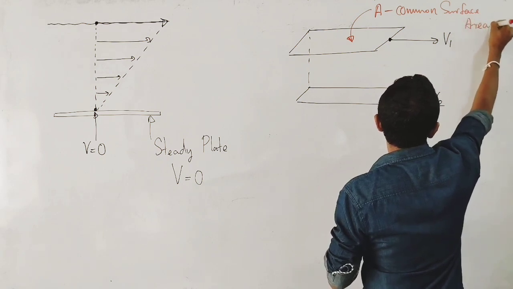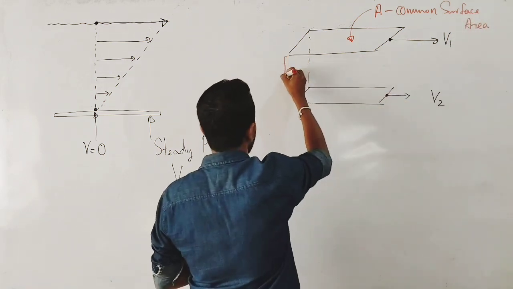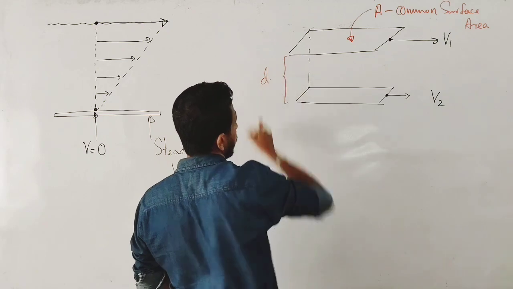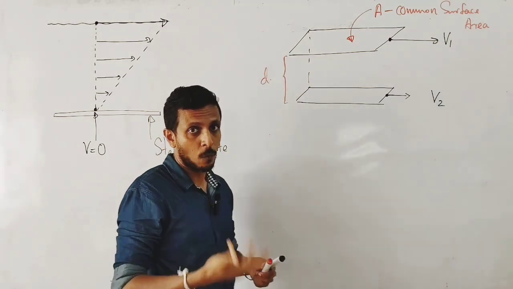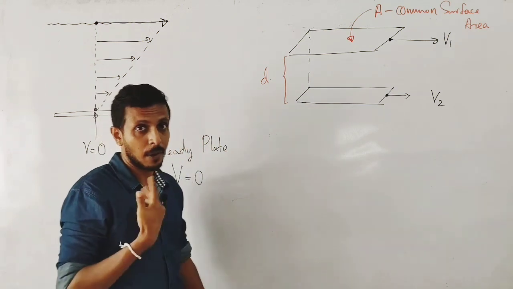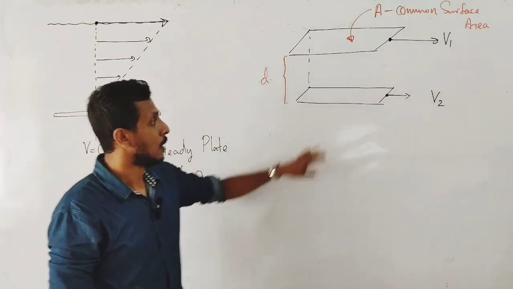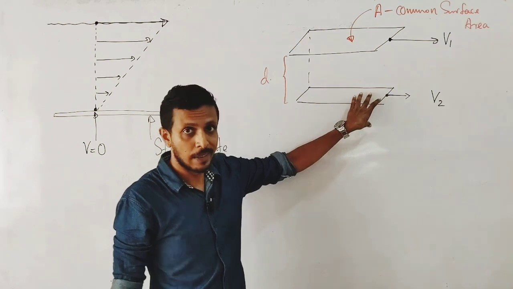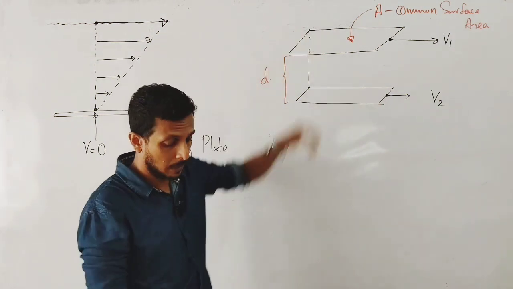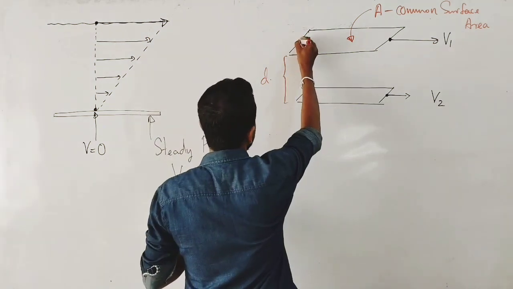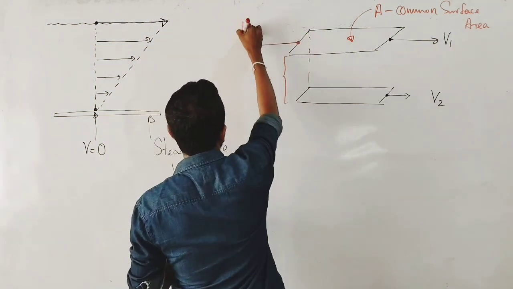And the distance between the two layers, let's take as D, the separation distance. There's a viscous force, or we can say a drag force, acting from the lower velocity layer on the higher velocity layer. This is going to be our viscous force.